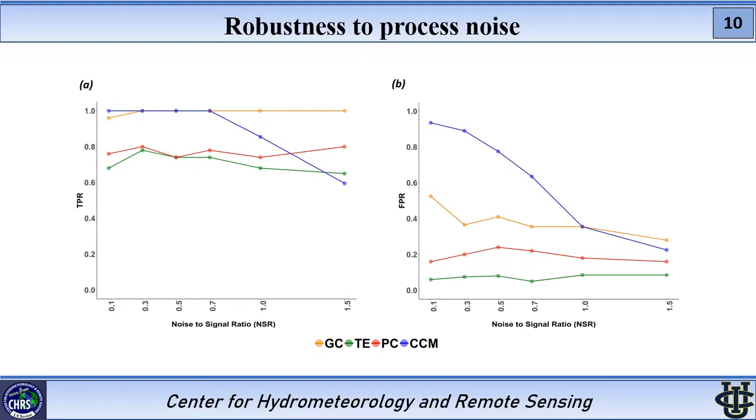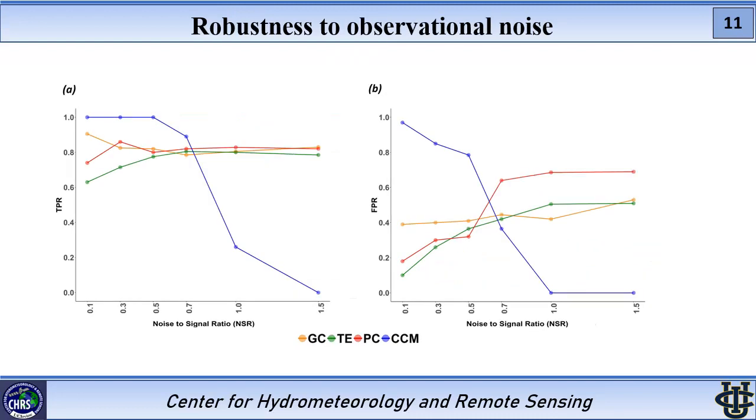What is surprising, however, is that convergent cross-mapping, which is based on deterministic processes, can tolerate some level of process noise, and beyond that level, the performance starts to deteriorate. We then did the same thing for observational noise, and you can see again CCM is more sensitive as compared to other methods to observational noise.